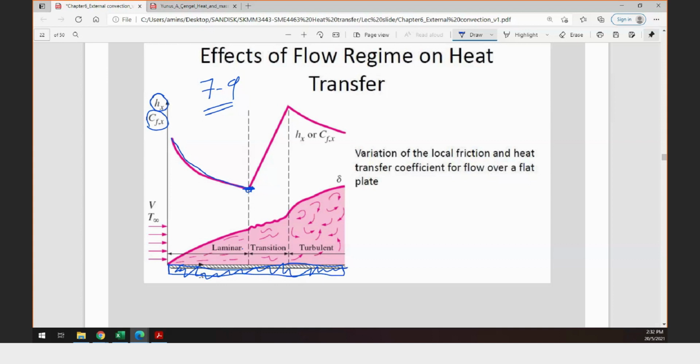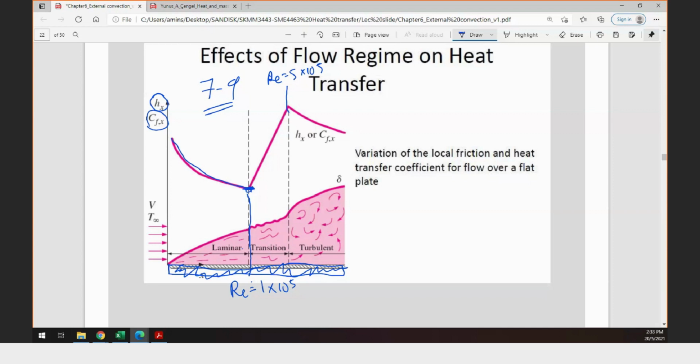What do you think the value of this is? Basically, this value is at Reynolds number 1 times 10 to the power of 5. Once it moves further through the transition, close to the turbulent, Reynolds number equals 5 times 10 to the power of 5.